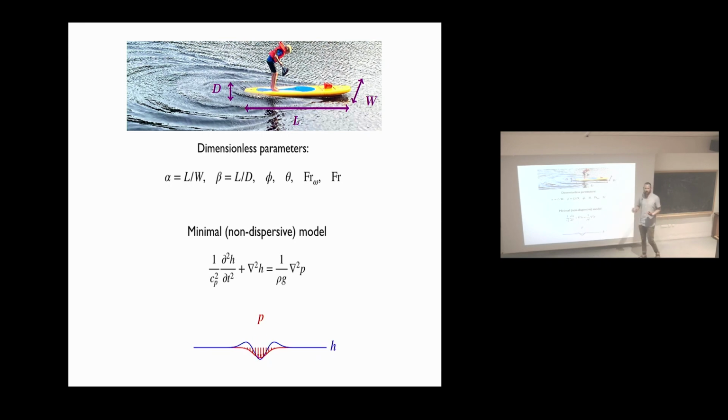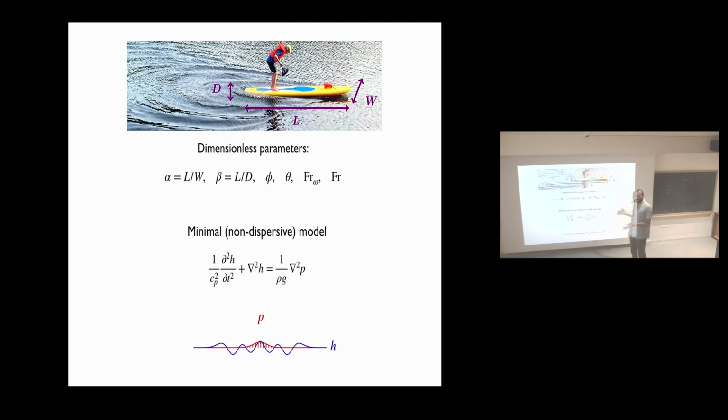This cartoon just shows a solution of that equation. You're just bouncing something up and down, and you're going to create some waves which propagate outwards. This isn't entirely unrelated to fluid dynamics, of course. Does anyone know how you could derive this equation in the case of a fluid surface? In what context would you get that equation? Yeah, exactly.